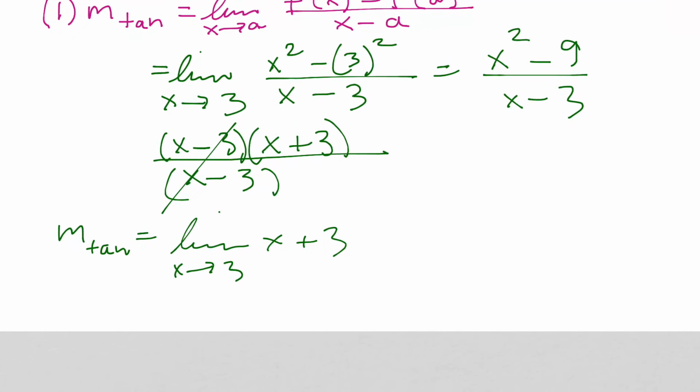We know that we can get an exact value by substitution. So the slope of the tangent line is simply 3 plus 3, which is 6. That's a lot easier than having to approach from the left and the right like we had been doing with tables.